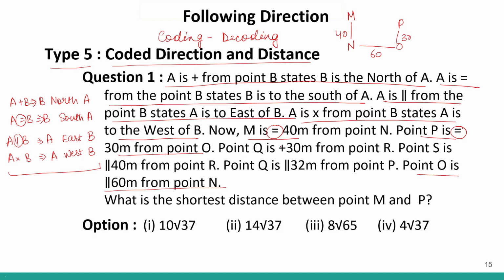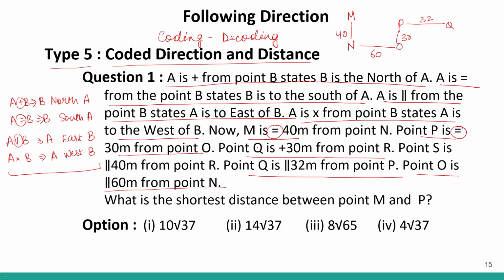Right? Now, again, we can use this information. Q is to the east of P. So Q will be 32 meters to the east of P. Then Q is 30 meters, plus symbol is used, so north.